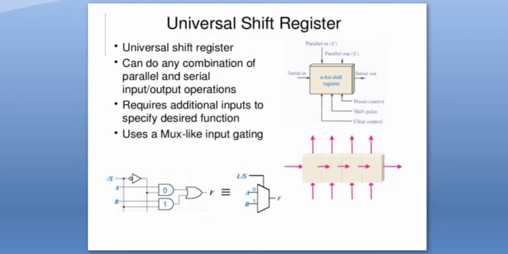The data will come in parallel and leave in parallel. The shifting can be done from this direction, and vice versa, we can shift from this direction also. We can do the right shifting or the left shifting. Both kinds of shifting are possible.